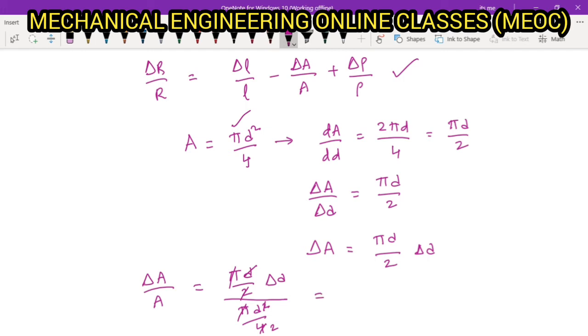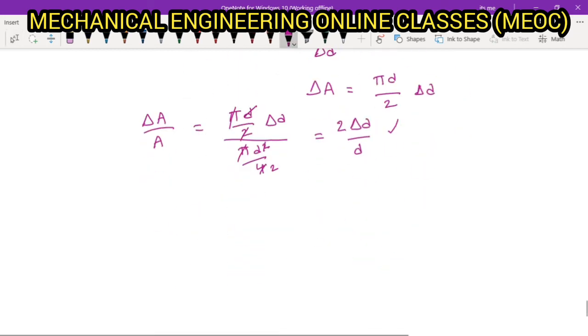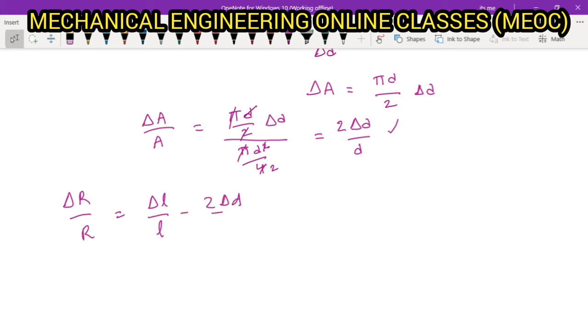So I will be left with 2 delta d by d. Now I can substitute back this term in this equation. I am rewriting that equation as delta R by R is equal to delta L by L minus 2 delta d by d plus delta rho by rho.